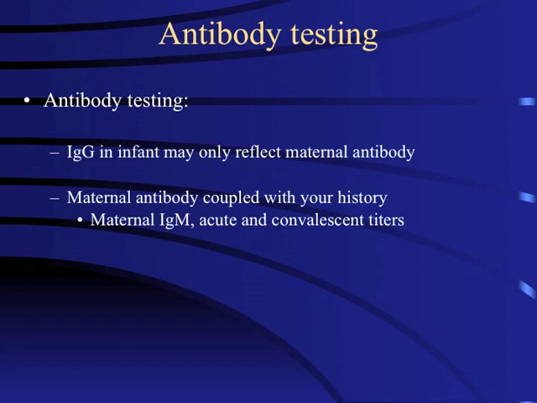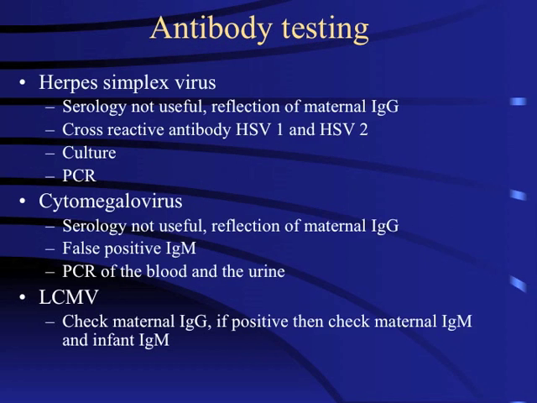As I said before, in terms of antibody testing, IgG in the infant may only reflect maternal antibody, but maternal antibody, especially the IgM, getting acute and convalescent titers with a good history might be very helpful in terms of making a diagnosis.